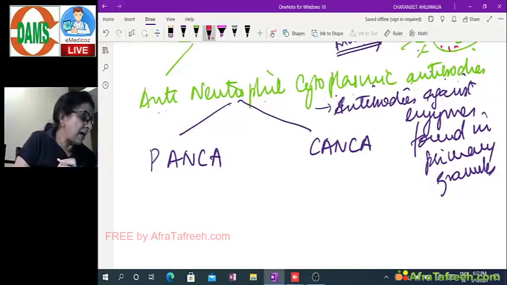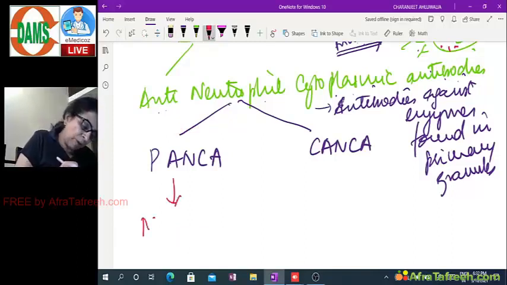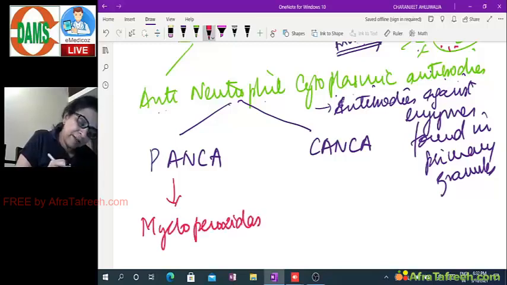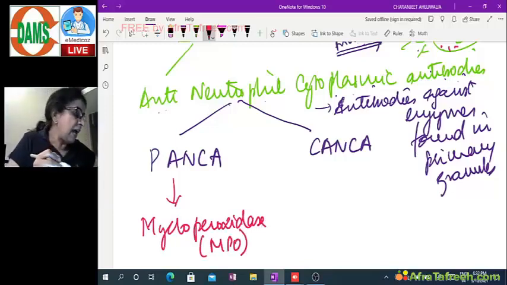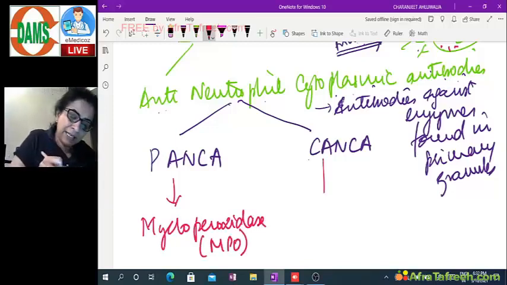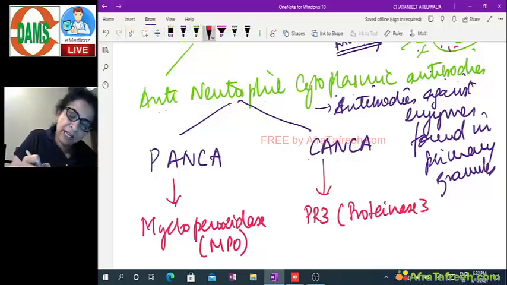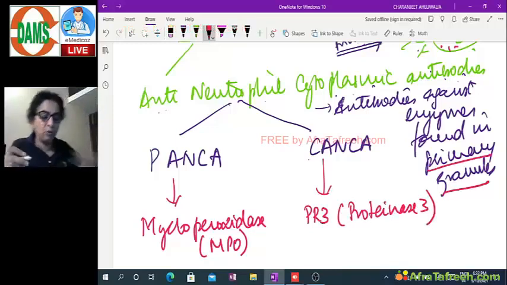P-ANCA is an antibody against the enzyme myeloperoxidase, or MPO, found in the primary granules of the neutrophils. And C-ANCA is an antibody against PR3. PR3 is proteinase 3, another enzyme found in the primary granules of the neutrophils.